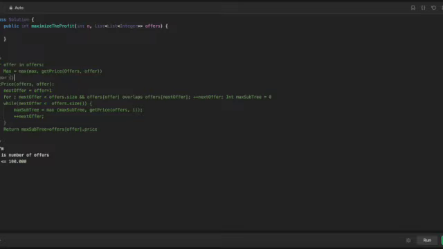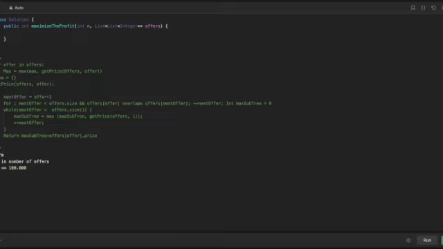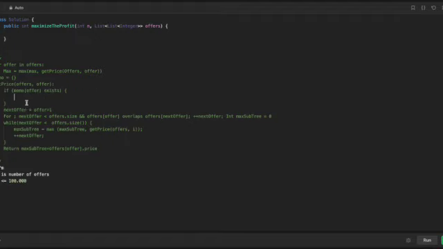Let's say it's a dictionary, and every time we check if we have already done this offer, if we have already considered what's going to happen with this offer, we can just return the number.